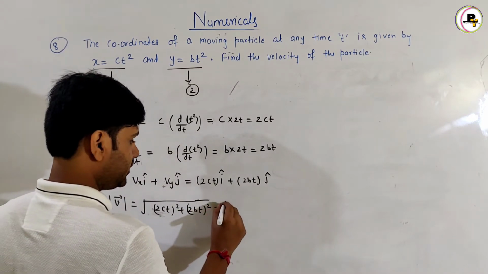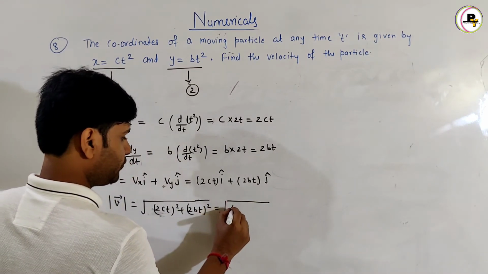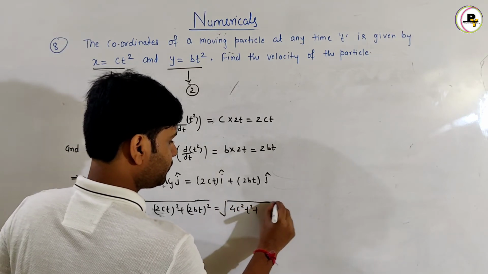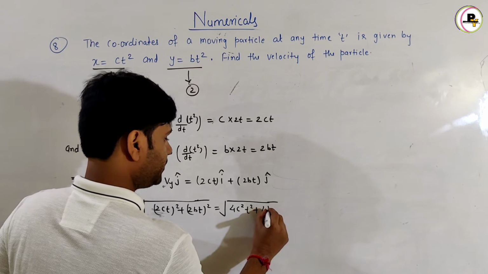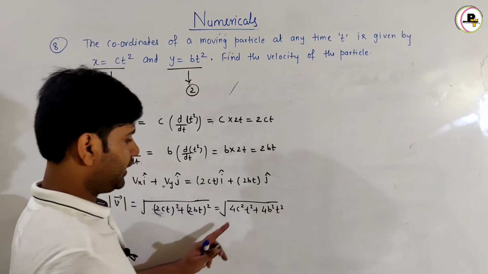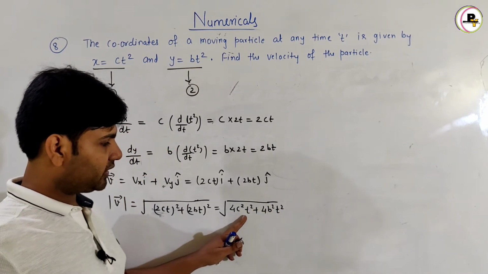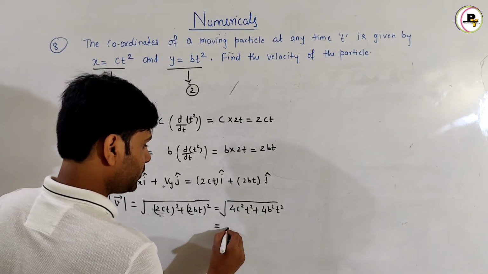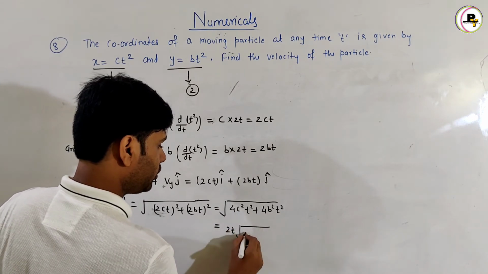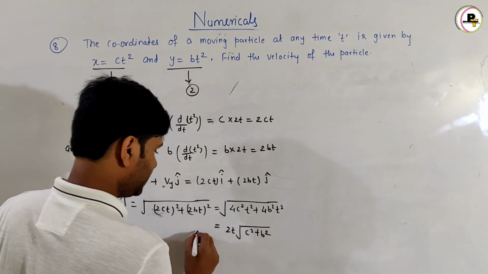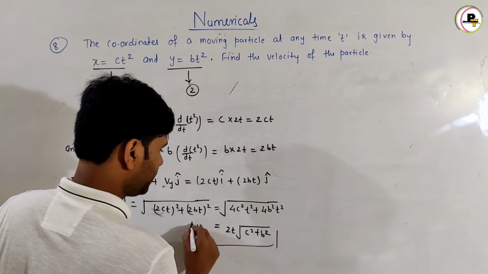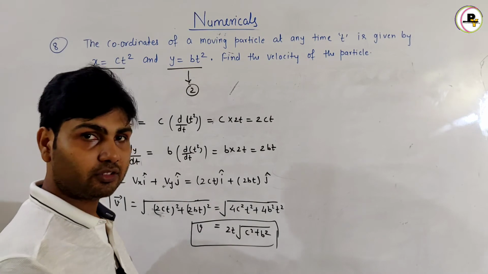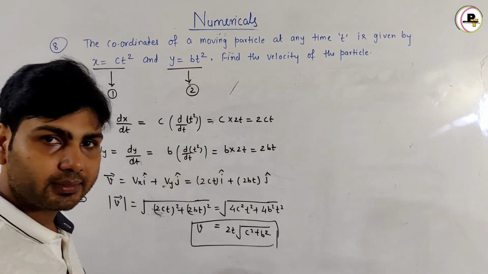So this is equal to the square root of 4c square t square plus 4b square t square, and if I take 4t square common and then take its square root, I will get 2t square root of c square plus b square. This is the magnitude of the velocity. So v is equal to 2t square root of c square plus b square. This is the answer of question number 8.